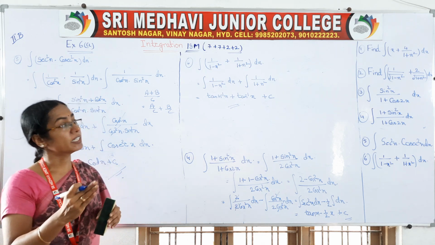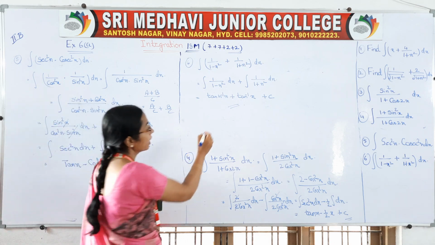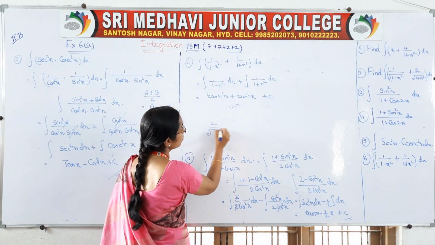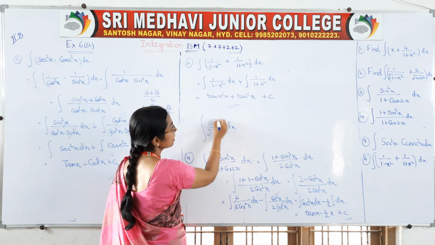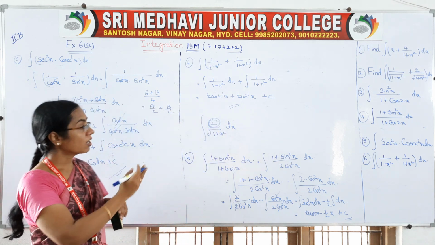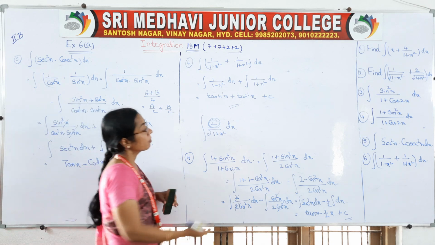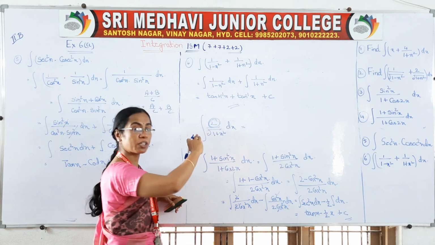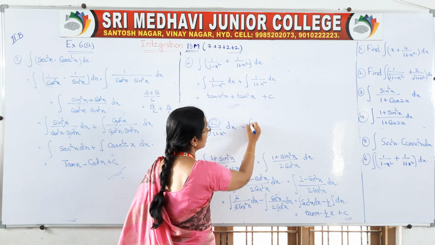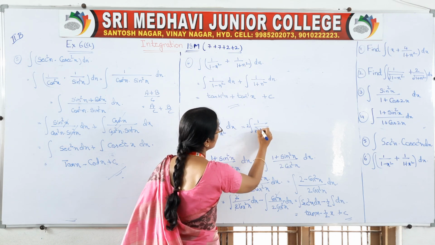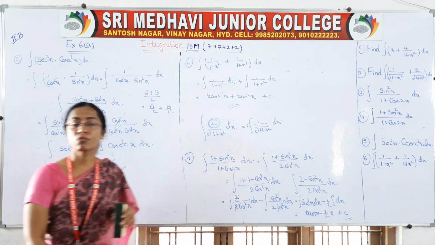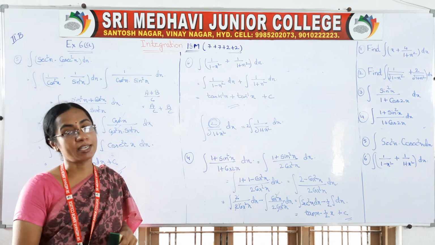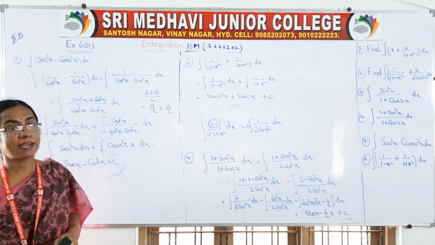Whenever constant is there with the function, with the value, you have to write that constant outside and check the values, right? So integral 1 by root of 1 plus x square dx. Again it is in your standard form.